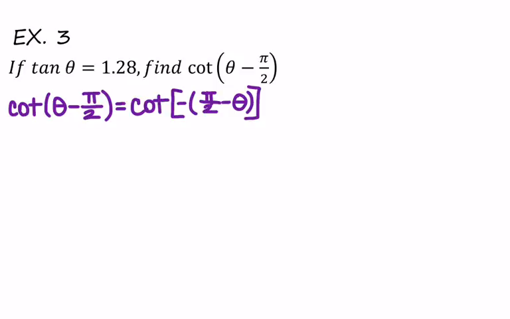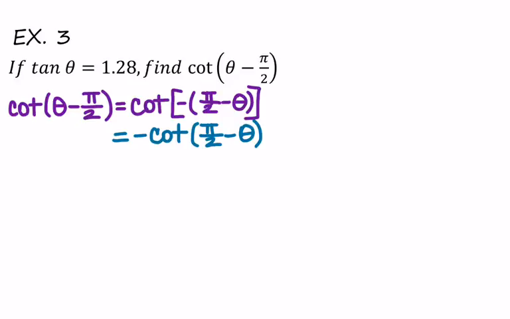Okay, then I'm going to use the even-odd identities. If I kind of ignore what's in parentheses here, and I just say that this is the cotangent of negative something, doesn't matter what that is in the parenthesis, I look at the even-odd identities, and it tells me that that is equal to the negative cotangent of whatever the angle is. So I can substitute and write negative cotangent of pi over 2 minus theta.